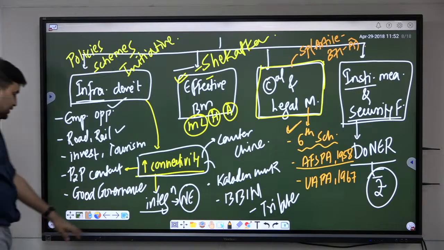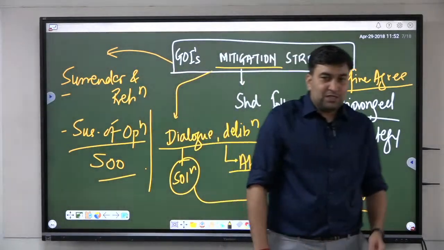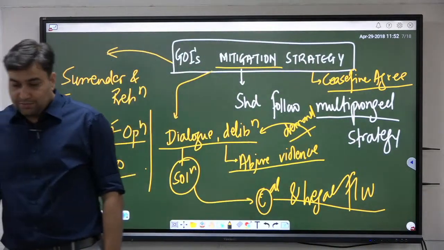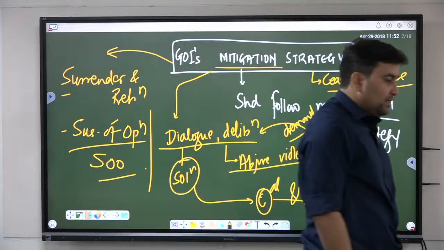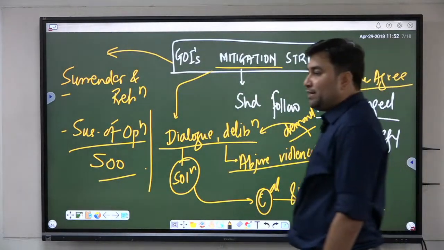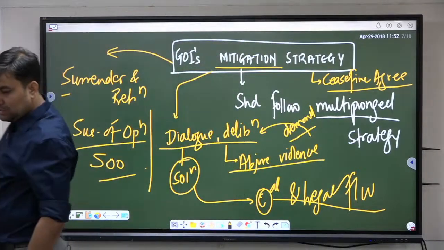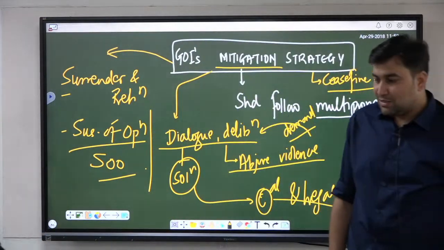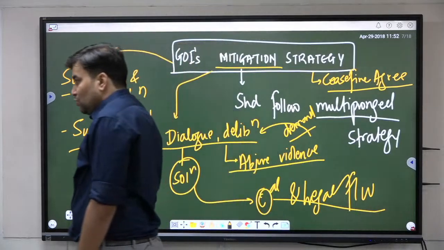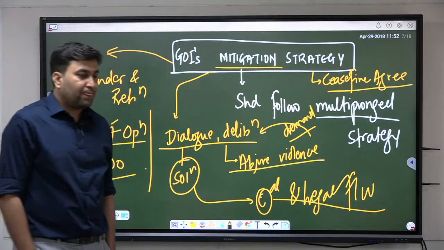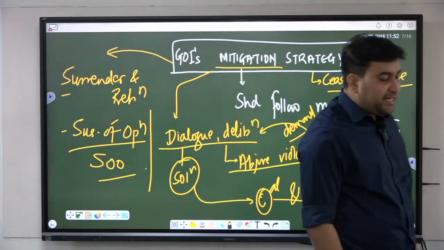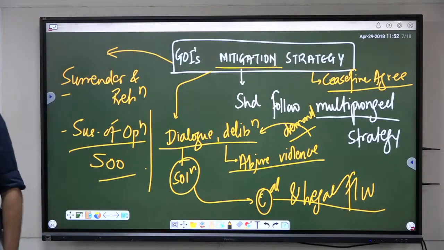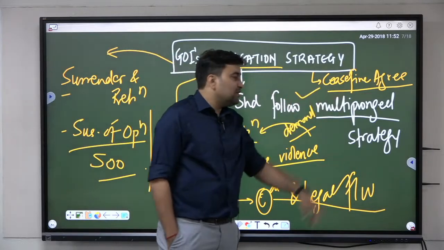Since the issue of insurgency has multiple dimensions, hence we need to adopt a multi-pronged strategy. यहाँ पे लिखा है मैंने multi-pronged और multi-dimensional strategy.